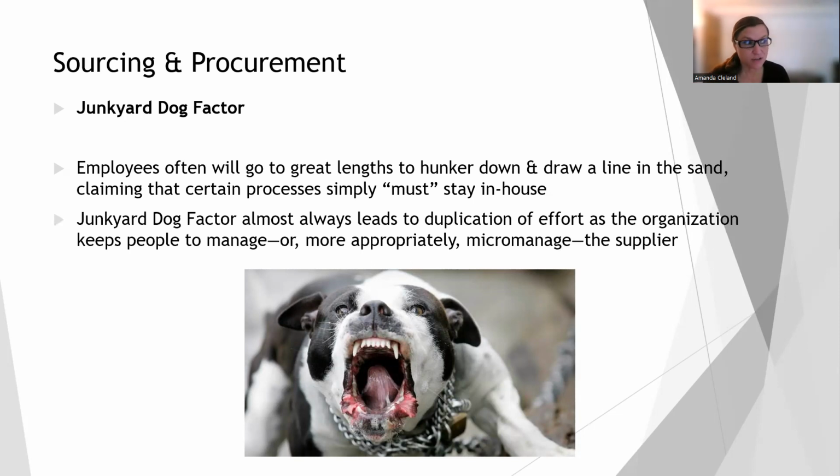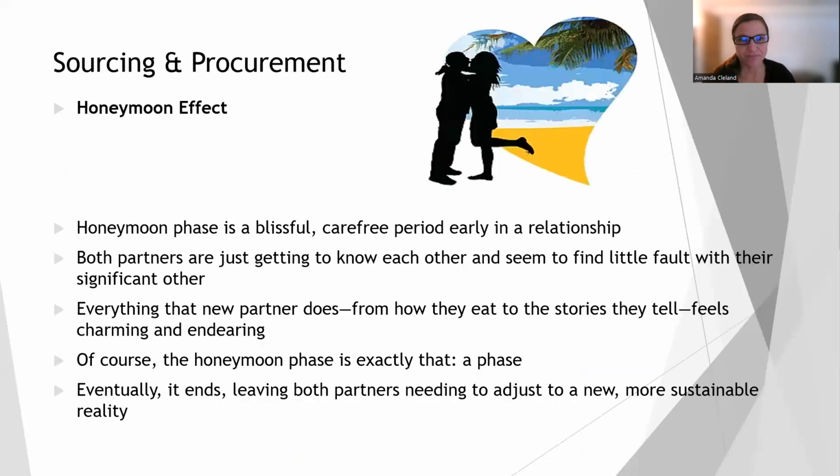And perhaps in certain capacities, they may be trying to sabotage the supplier because they want to keep their job. So we understand why they would do that, but it means that the contract and the relationship is not what it should be. So this is the junkyard dog factor.